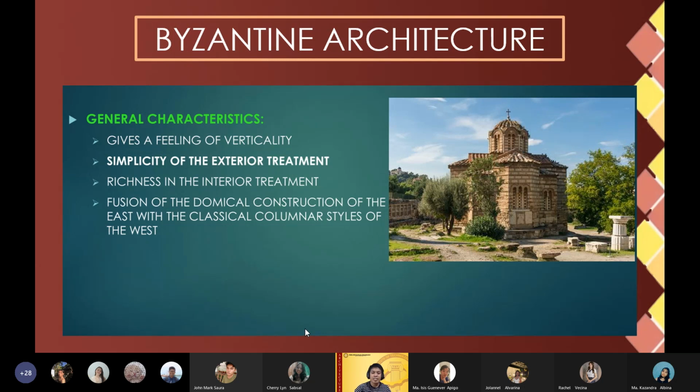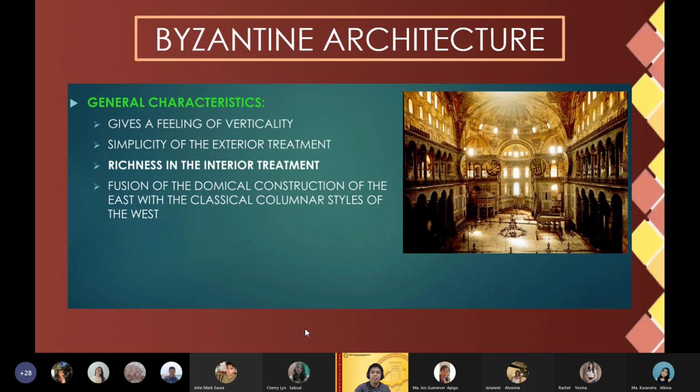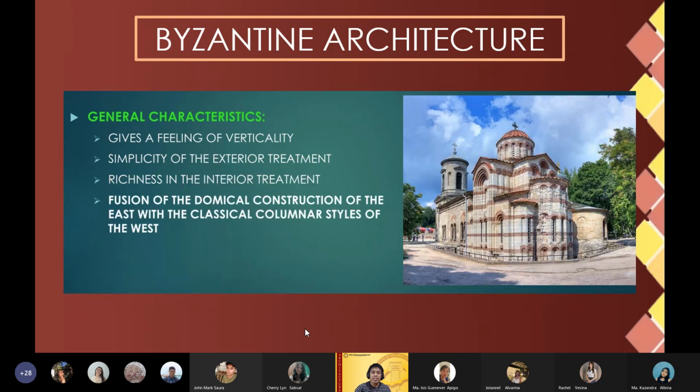And in the interior, richness in interior elements. So they put a lot into their interior design. And the most distinct feature of Byzantine architecture, when you compare Byzantine and early Christian architecture, is that it now has a dome, or the domical construction here.